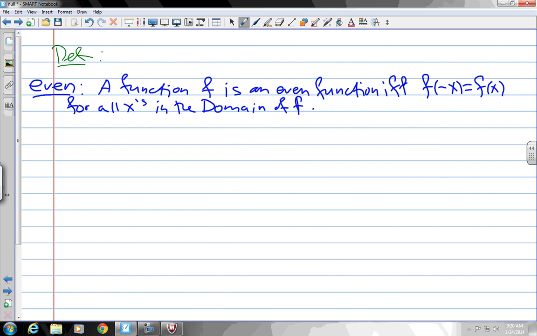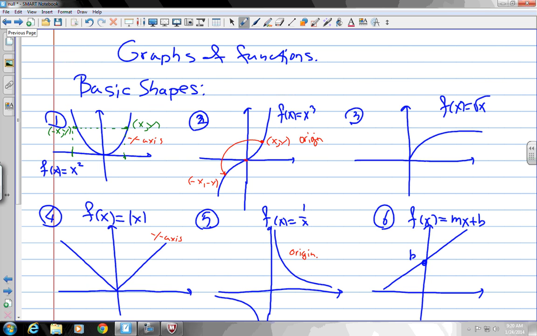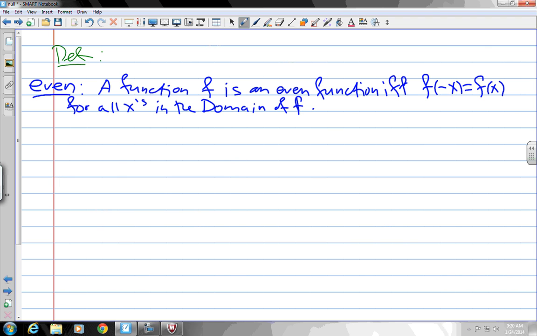Okay? Because again, by looking at the graphs, it doesn't matter whether x is positive or negative, the value of the function stays the same. So even functions are symmetric with respect to the y-axis.